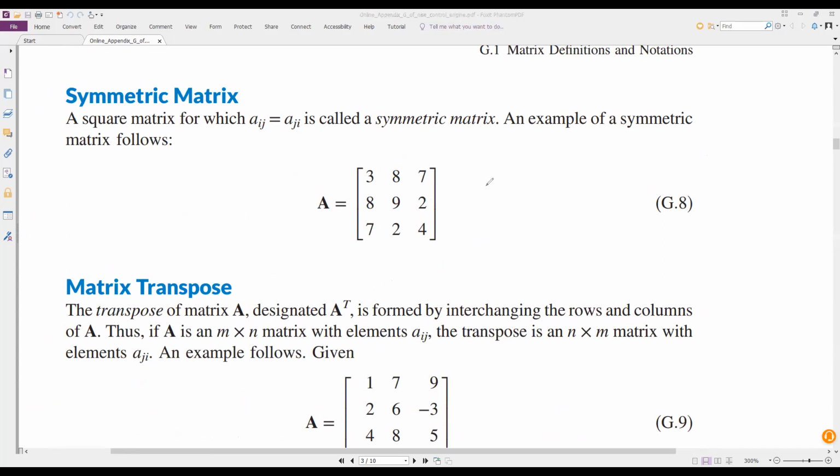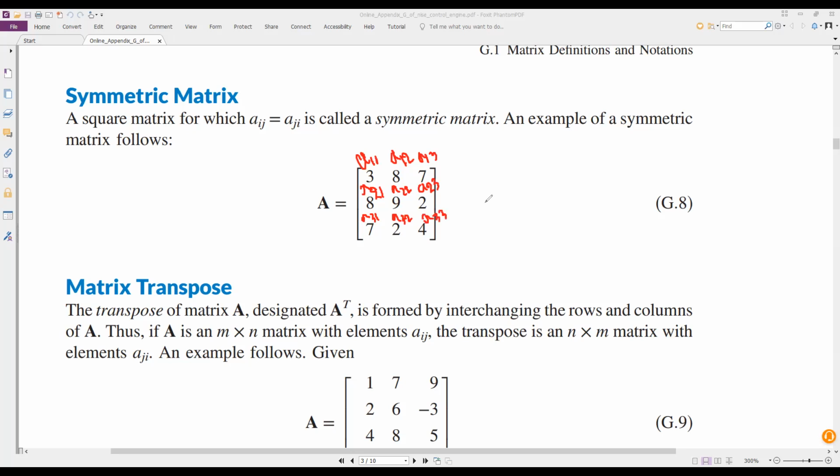In the symmetric matrix we have A11, A12, A13, A21, A22, A23, A31, A32, A33.